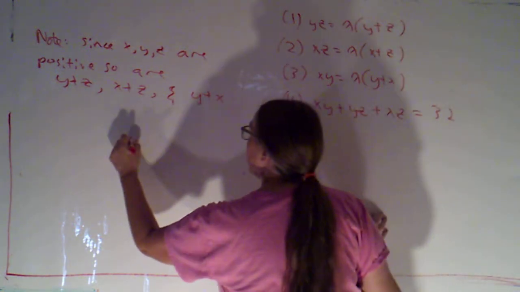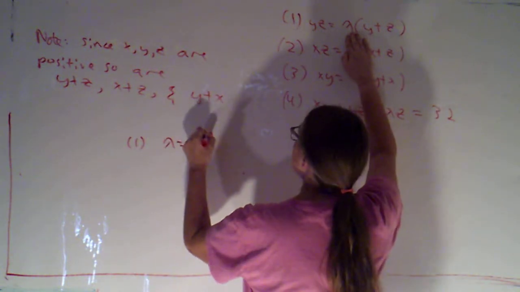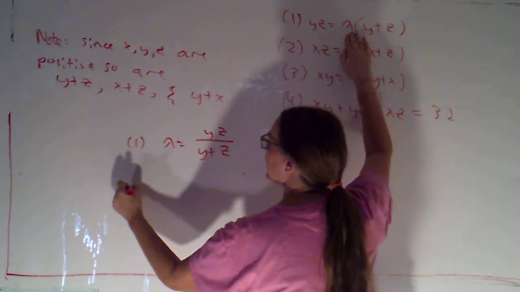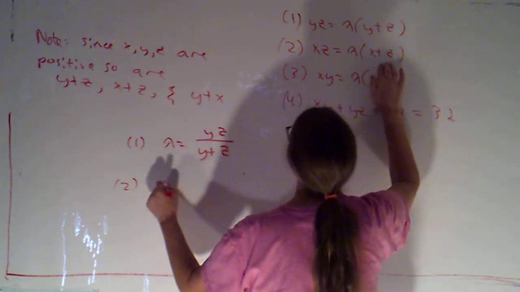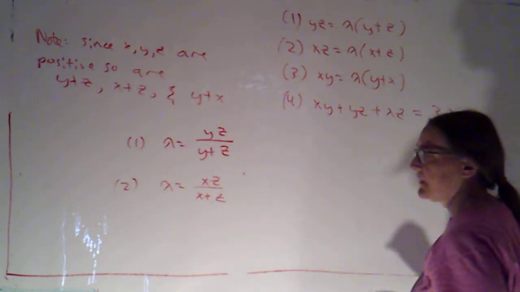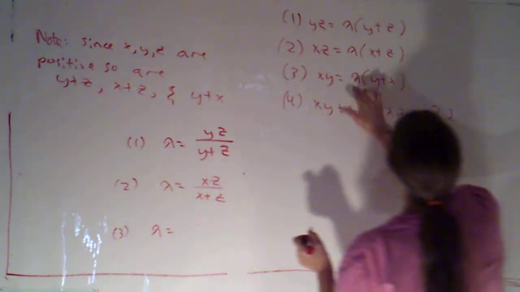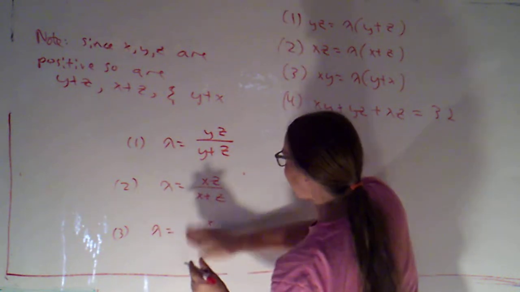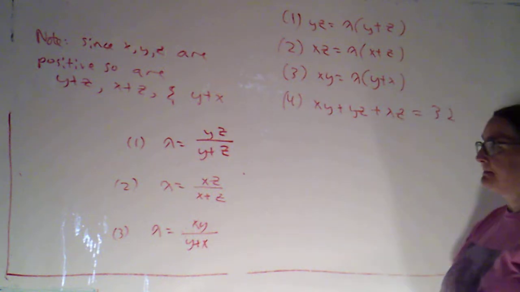Okay, so let's see. From equation 1, I can solve for lambda. So lambda is y times z over y plus z. From equation 2, I can solve for lambda. So lambda is x times z over x plus z. From equation 3, I can solve for lambda. So lambda is xy over y plus x.